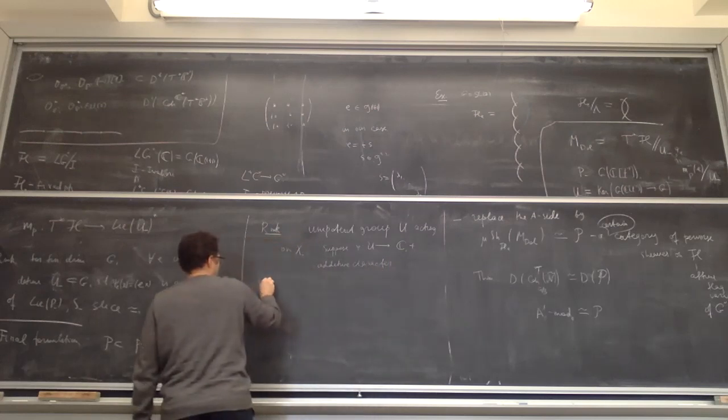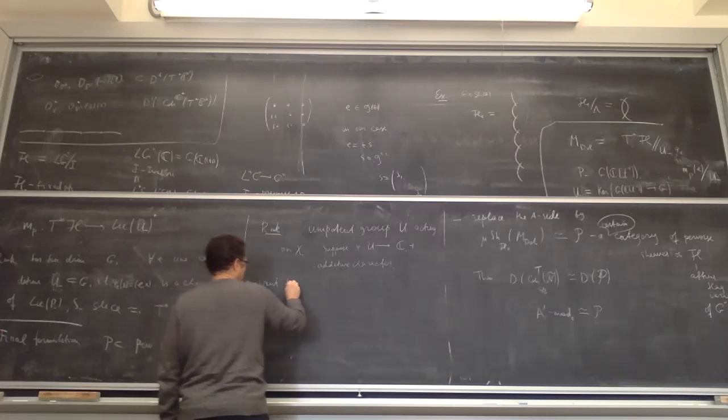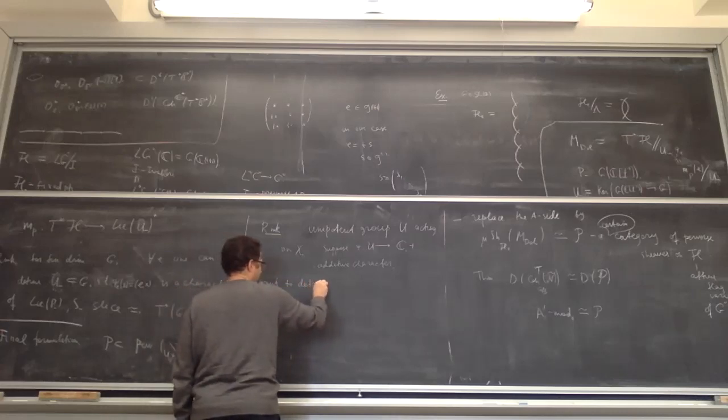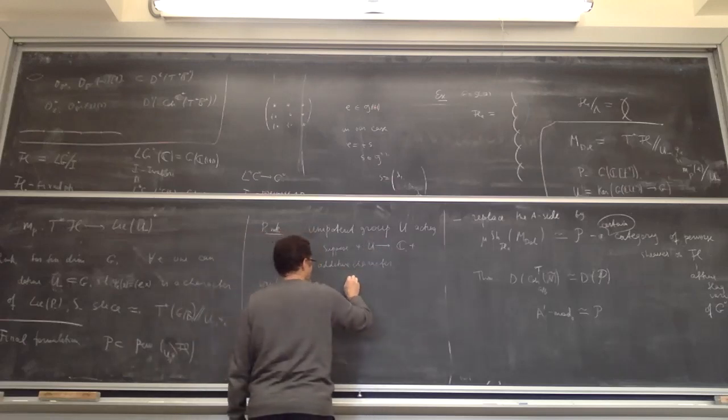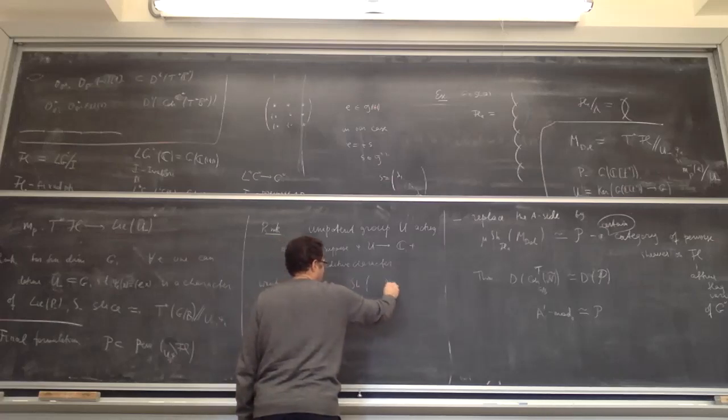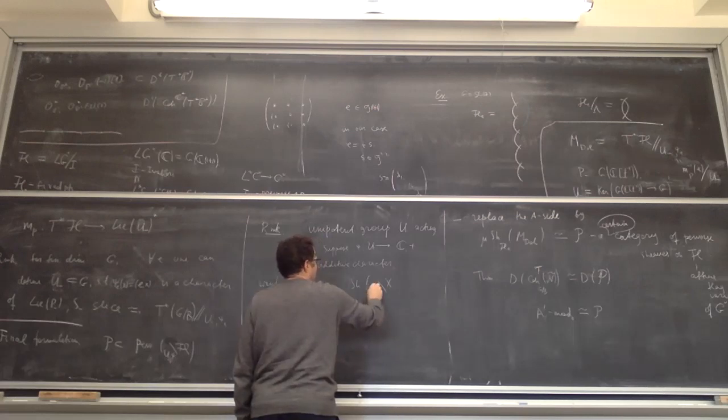And we want to define a sheaf-theoretic analog of things transforming by a character, like sheaves, perverse sheaves or the derived category of constructible sheaves on X, U, psi.